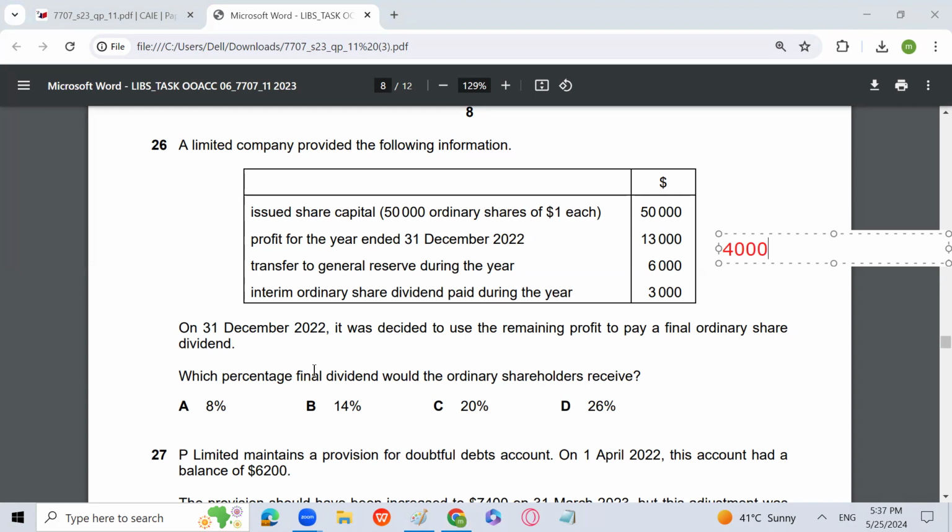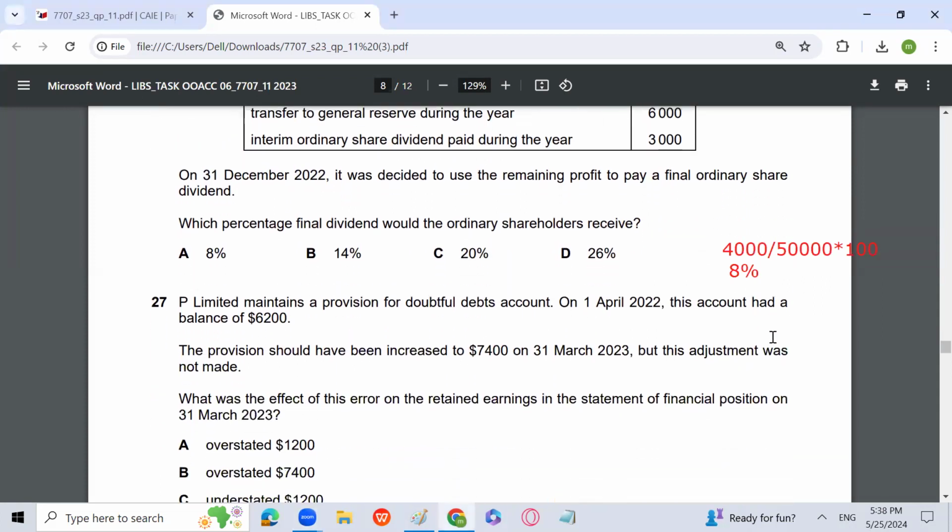The examiner is asking what percentage of final dividend the ordinary shares would receive. So 4,000 divided by ordinary share capital, which is 50,000 into 100, gives 8%. So this is the answer, and this has come so many times in the past papers, also with the same amount. So 8% is the answer.